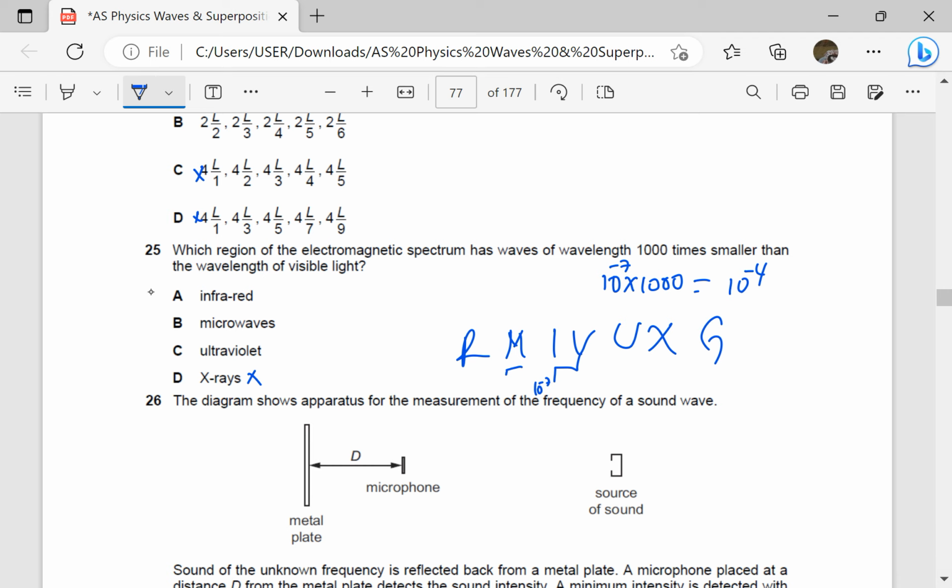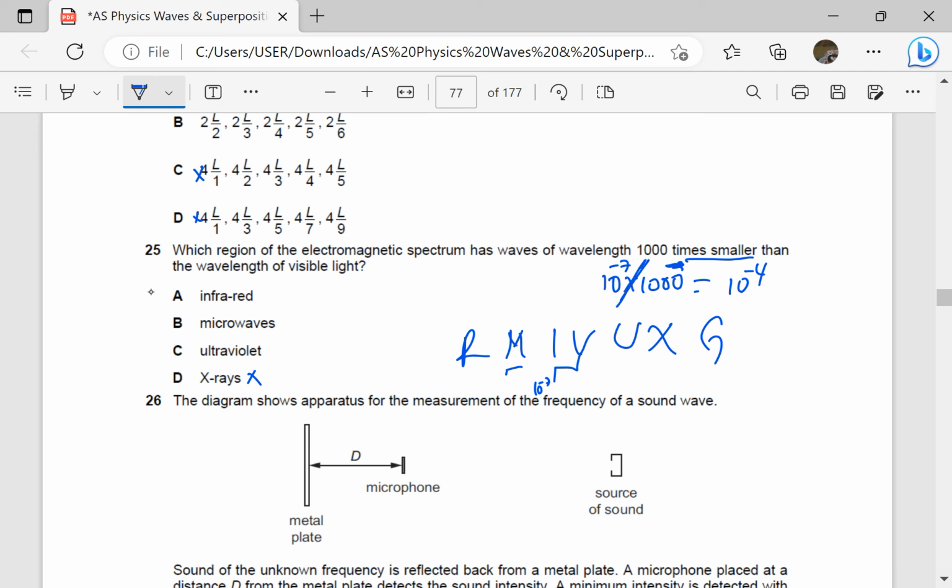Which region of the electromagnetic spectrum has waves of wavelength 1,000 times smaller? 1,000 times smaller, so that means it is times 10 power negative 3. It is 1 over 1,000, so times 10 power negative 3. This is divided by 1,000.